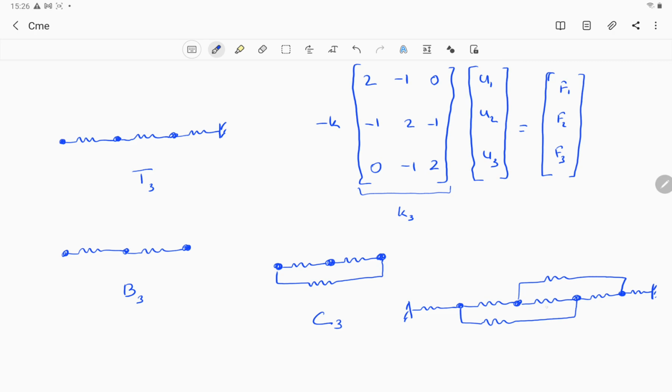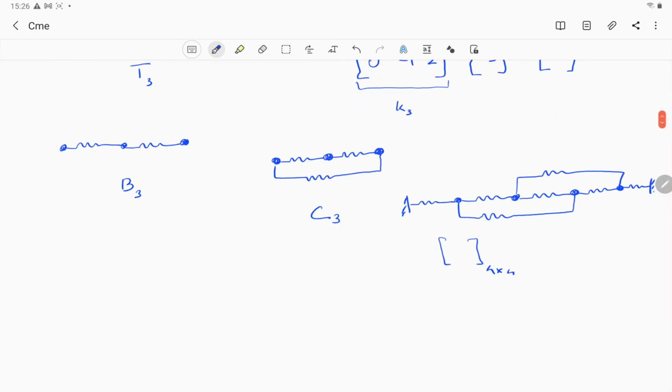So here we have 4 nodes, and the matrix you are going to have is a 4 by 4 matrix. But what are all the entries? That's what you need to identify. So that's about question number 5 in assignment 1. Thank you.